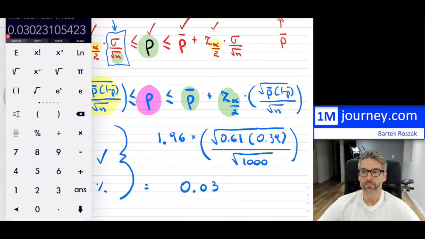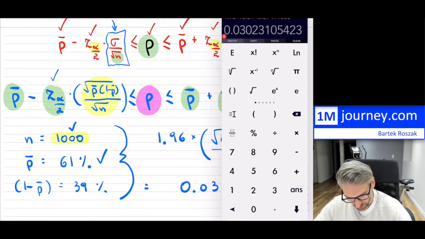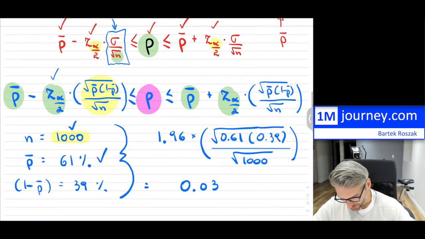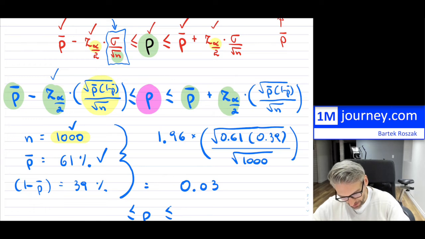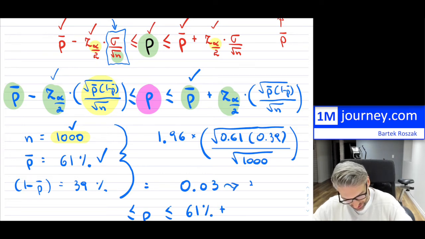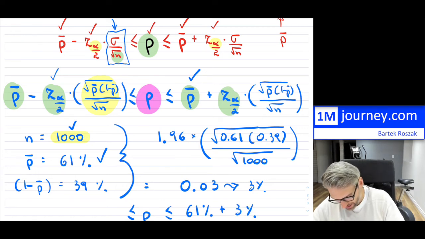Now what does that mean, right? This interval that we have means that my p possibly lies within here. My p bar is 61%, plus what I just calculated, about 3%, and here this would be 61% minus the 3%.